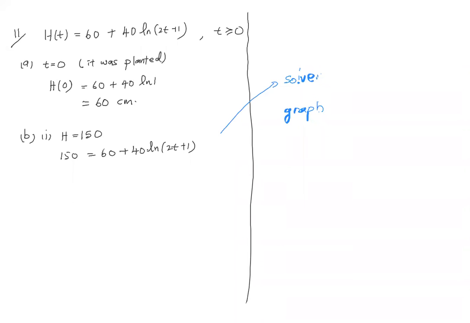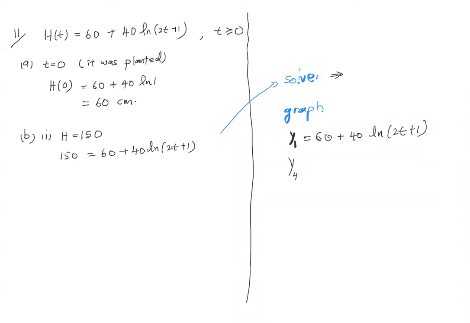So solver, everyone knows, so I'm not going to explain. I'm going to teach you how to solve this using the graphical method. I have my Y1 as 60 plus 40 ln (2t plus 1). Your Y2, Y3 is fixed, so you don't disturb it.